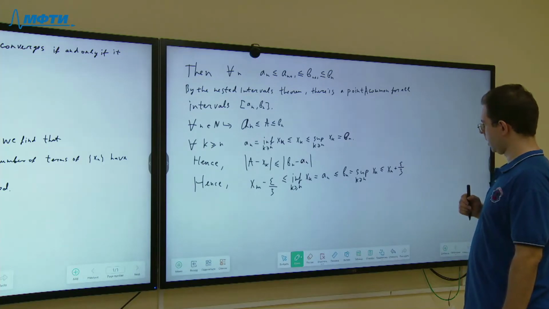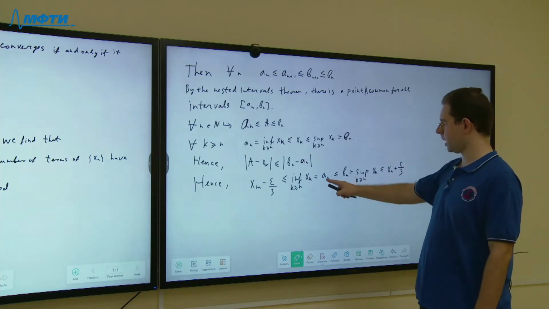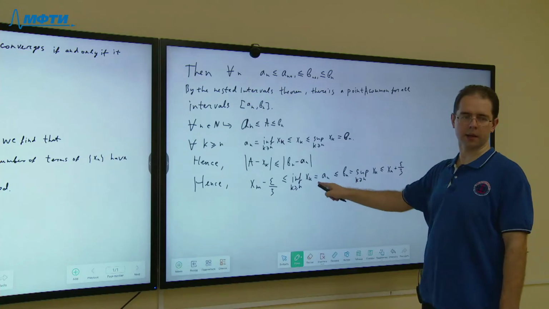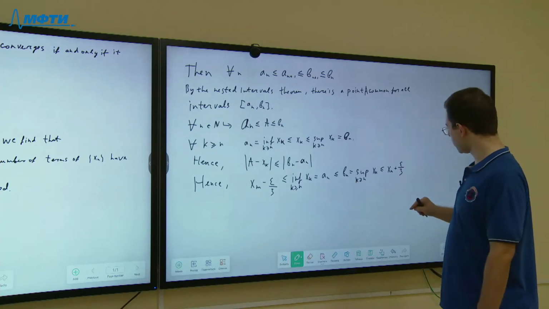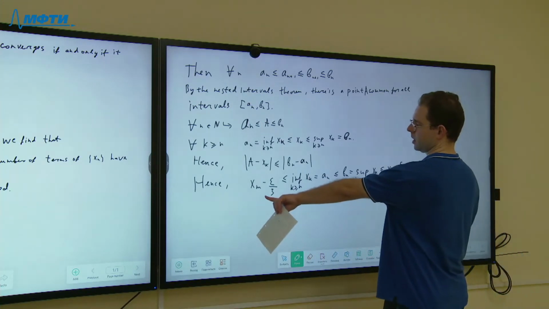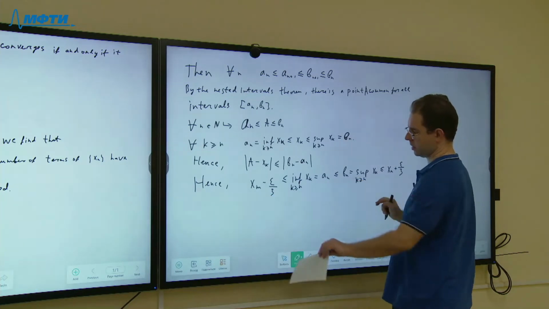Okay, so this distance, bn minus an, this difference, is less than difference between those two numbers.